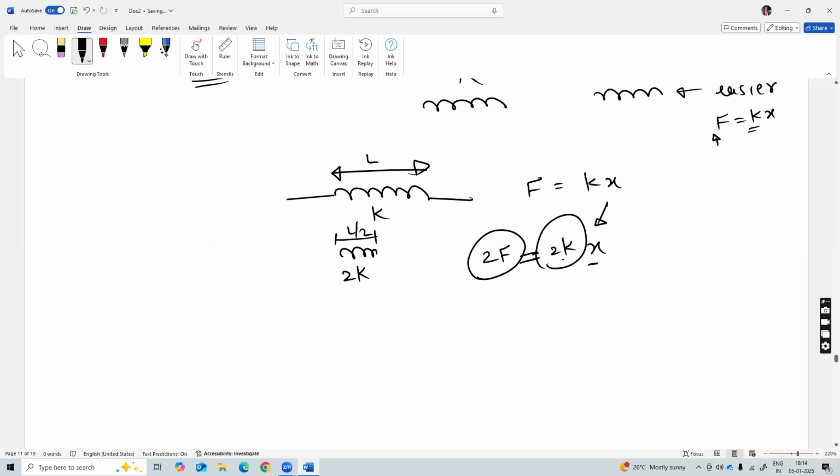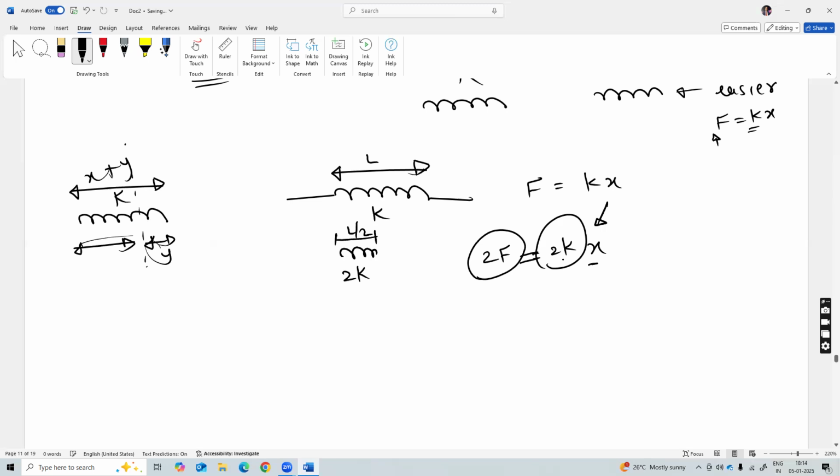Therefore, when you make the spring shorter, or cut it down, its spring constant or stiffness increases, and the way it increases is as follows. This is the initial spring, you cut it like this, where this length becomes x, this length is y, and the total initial length was x plus y, and let's say the initial spring constant was k.